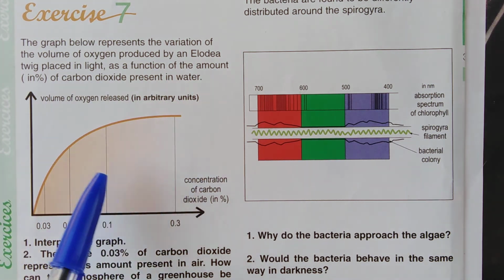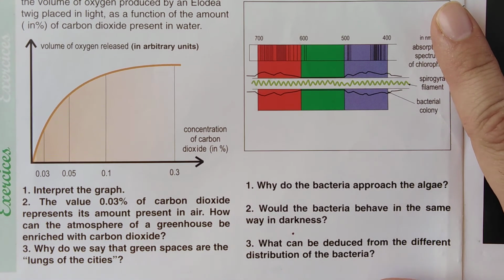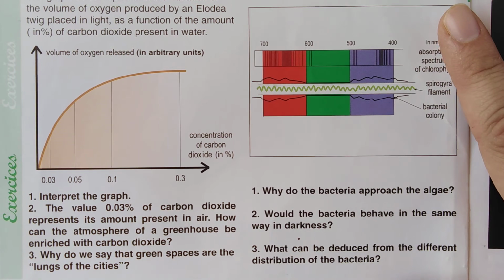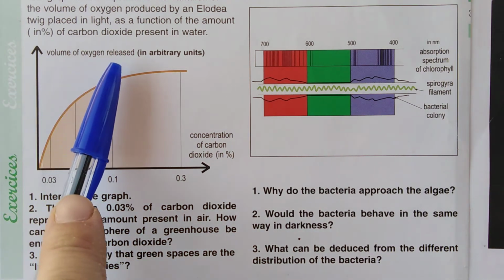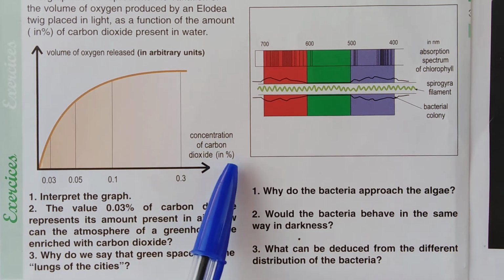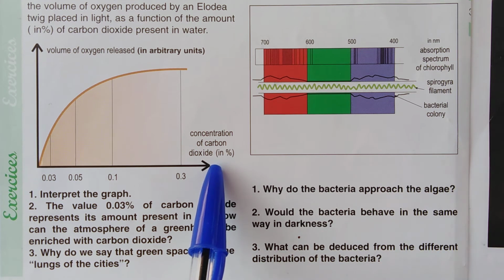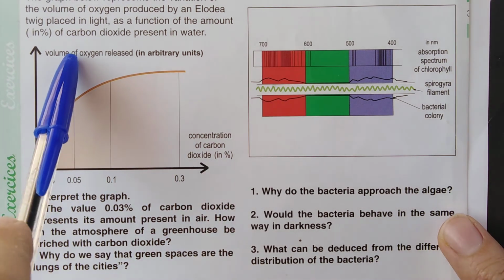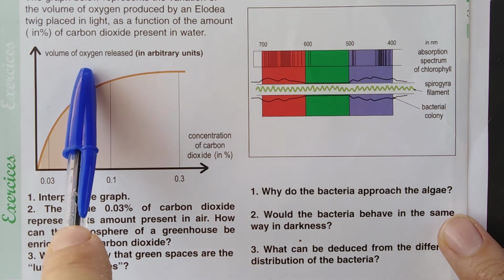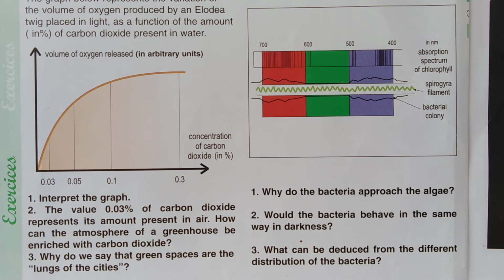Look at this graph. The graph is showing us the variation of volume of oxygen released by the green plant, which is elodea, as a function of concentration of carbon dioxide. Meaning here we are seeing the effect of carbon dioxide, the amount of carbon dioxide present in the environment, on the rate of photosynthesis, which is indicated by the volume of oxygen released by the green plant.